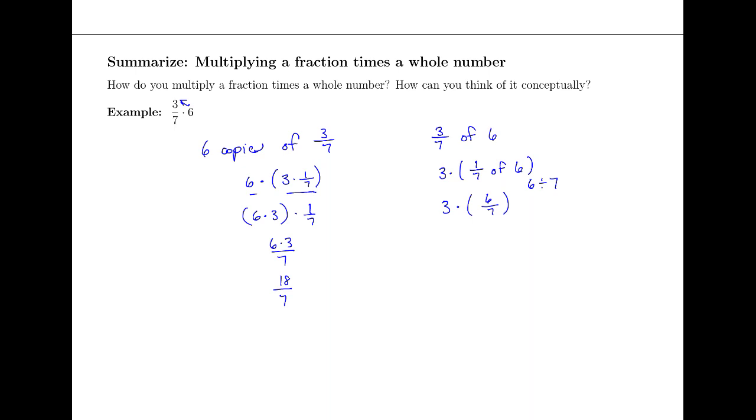And we can go now back to what that 6/7 means. That's 6 copies of 1/7. So this says we have 1/7 added together 6 times, and we have 3 copies of that. So it's again 3 times 6 copies of 1/7, or 18/7. Okay.